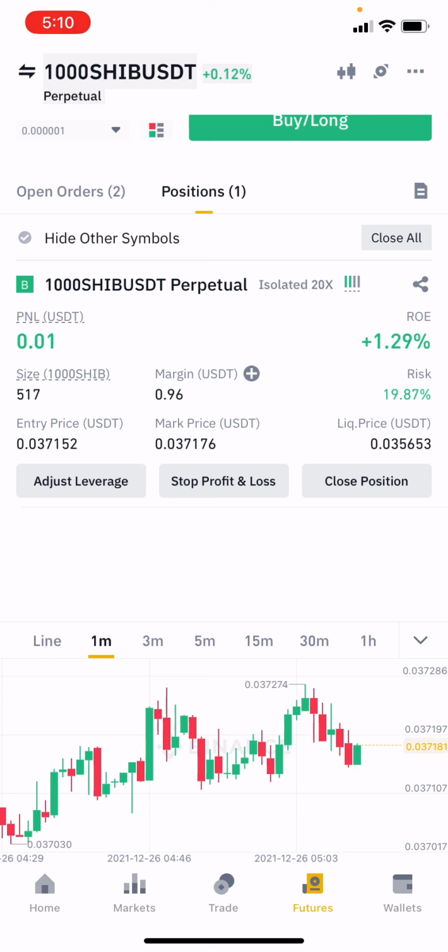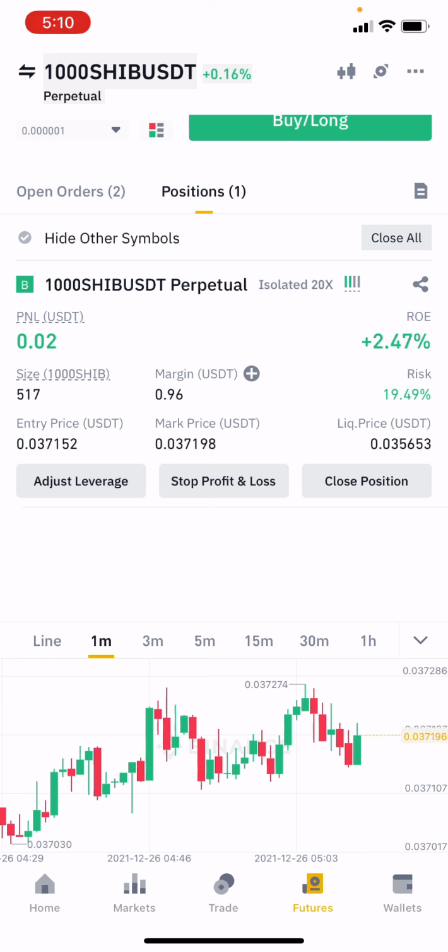Another thing is knowing the amounts you use in entering a particular trade. If you use a small amount of money, it's advisable you use from $2 upward in entering a particular trade. Once you use $2 upward, you gain massively.